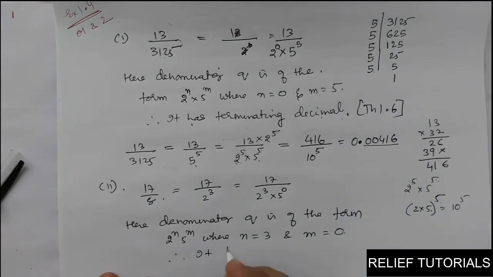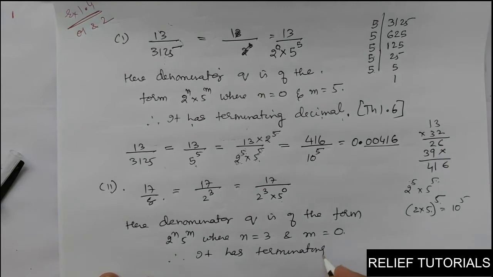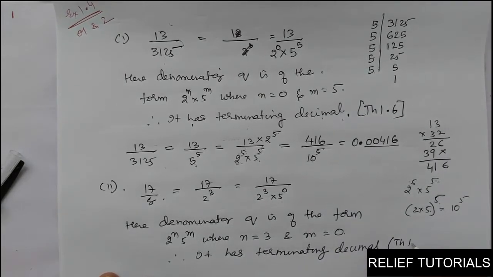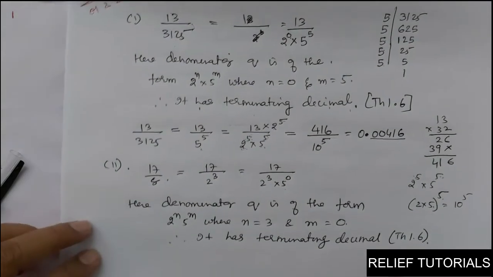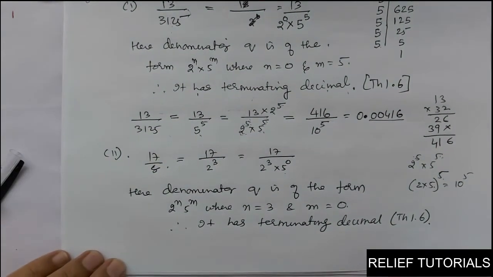Therefore, it has a terminating decimal according to the theorem. It has a terminating decimal, theorem 1.6. Clear, friends?